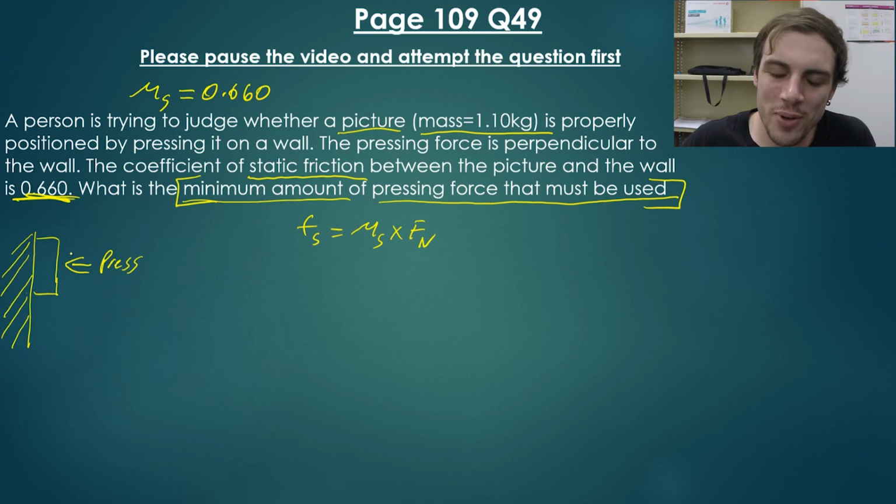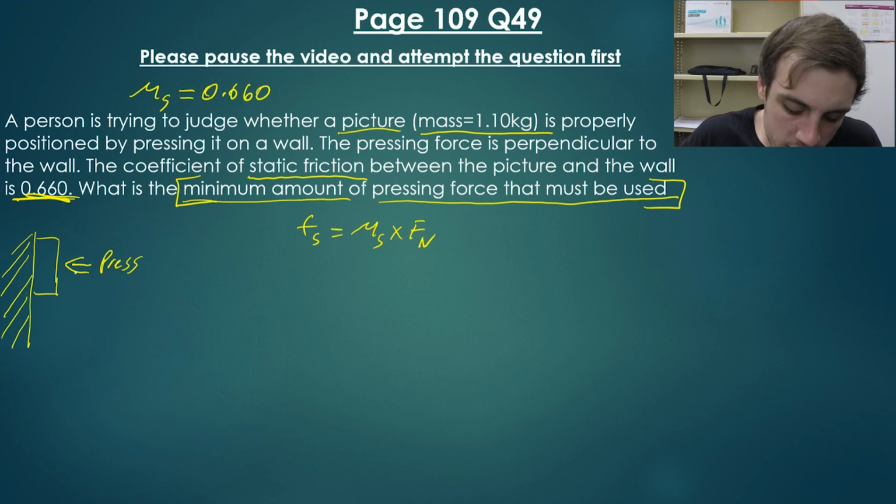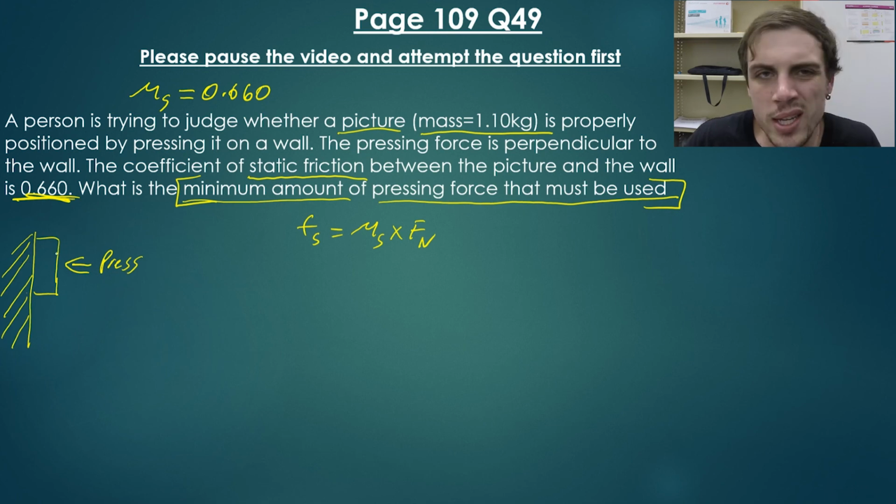So if we want to stop it from moving, remember that the sum of all forces is equal to 0. So we need to look at this and go, well, okay, what forces do we have in play here? So we do have our pressing force, but that is not relating to its overall movements, because we're going to have a pressing force here, but that just means we're going to have a force normal coming out here. So that's not really necessary.